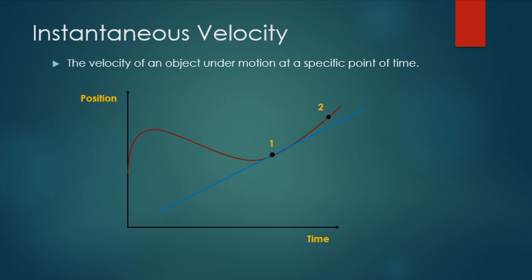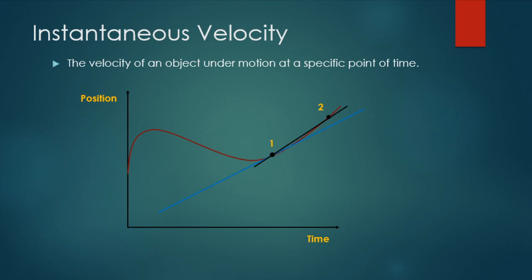But the average velocity between these 2 points, point 1 and point 2, is the slope between these 2 points. We can say that the slope is equal to rise over run.